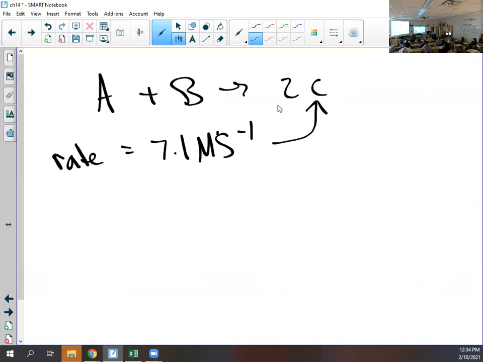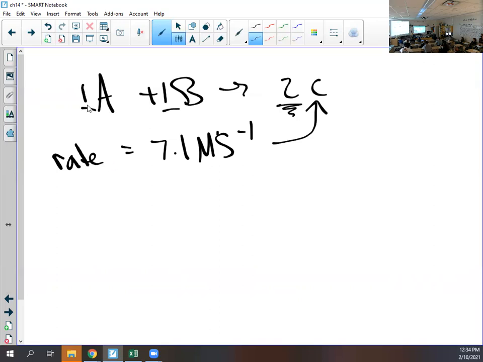So just based on all this information, you could tell me the rate of disappearance of A. Do you know what it would be? It would be half of 7.1, because for every two of these, one and one disappears.